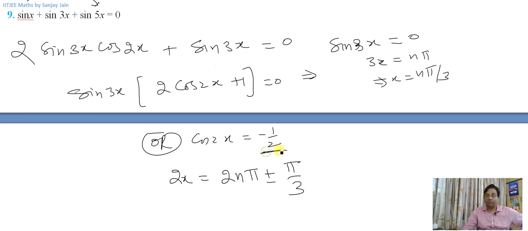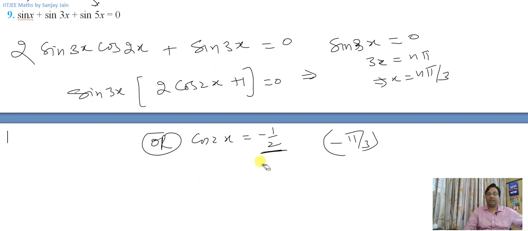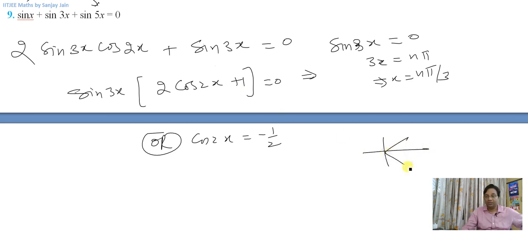Or minus, no, in case of cos you cannot do minus pi by 3, right? This is my mistake. In case of cos, you cannot write minus pi by 3 here, because in case of cos, the first and fourth quadrant both give me positive value. So I have to go here, pi minus pi by 3, right, in the second quadrant.